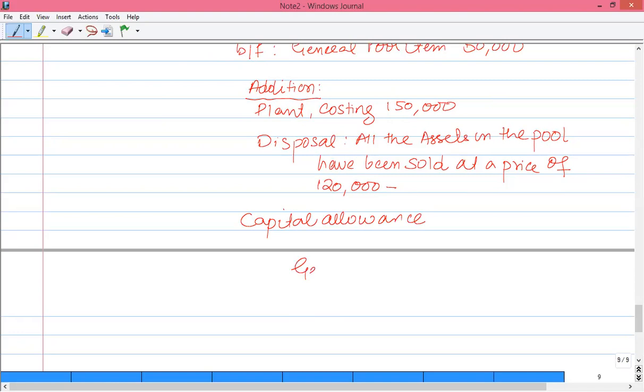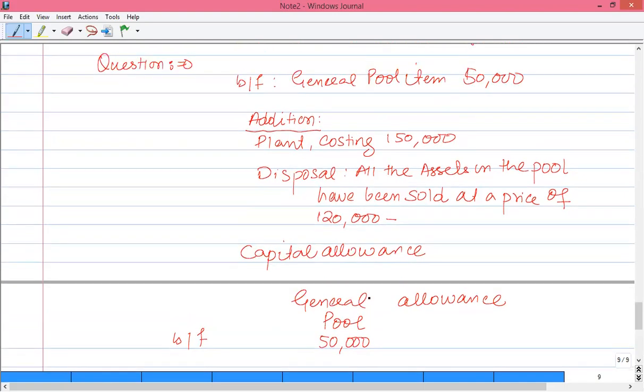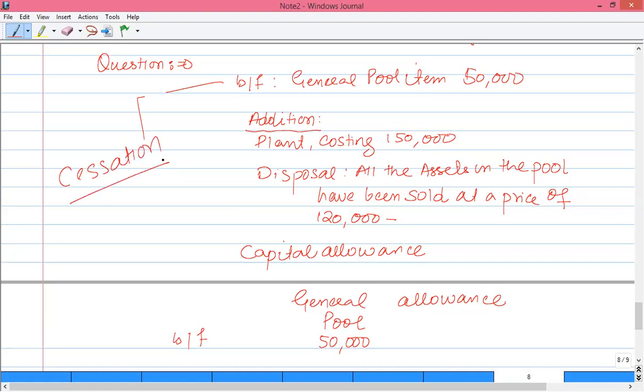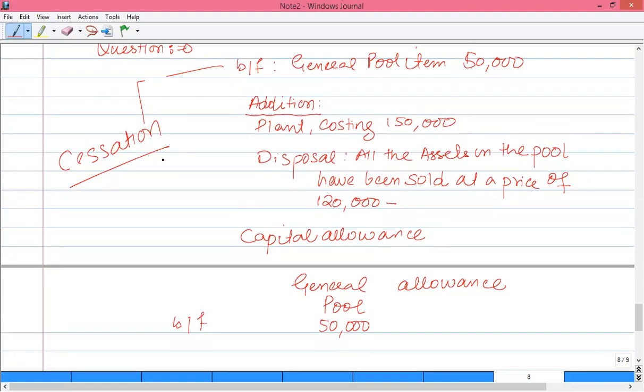Now, let me solve this question. So we have the pool and the allowance column. The opening balance is 50,000. Now in a normal situation, because I have assumed in this question that it's a case of cessation of the business, on a purchase of plant of 1,50,000 you would claim AIA.